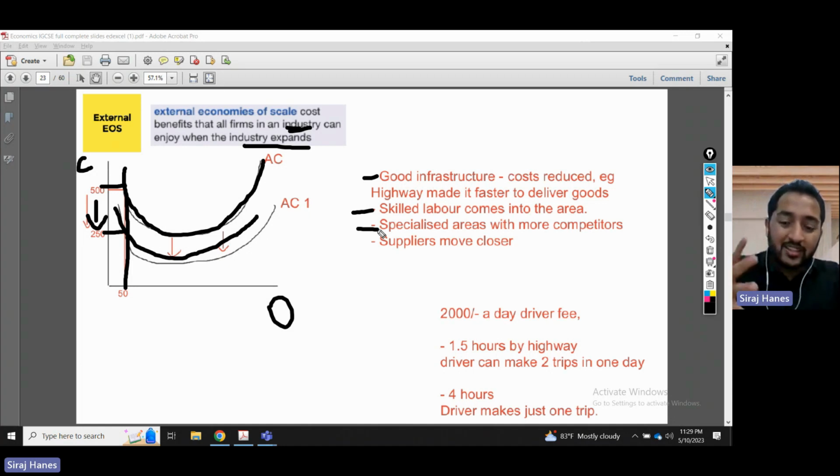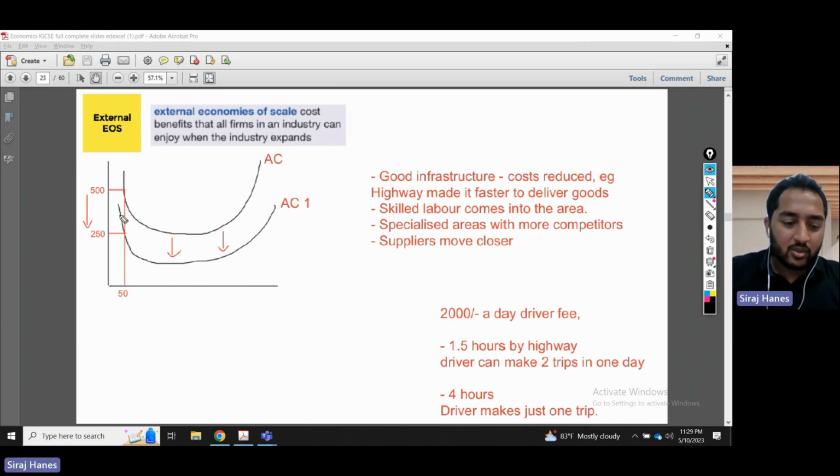All the customers come together to this one place because all the suppliers are here in one place. You don't have to advertise. People just walk in. Less cost. Finally, suppliers move closer. So instead of paying transport all the time, your suppliers are now closer. So as a result, your costs start to fall. Note that you did not increase your output, but your cost still fell.